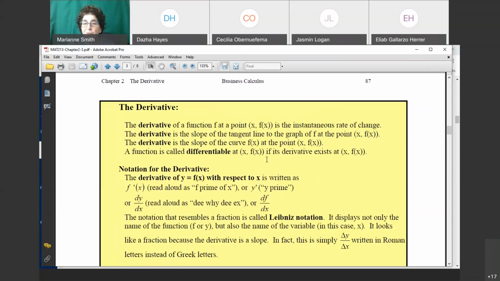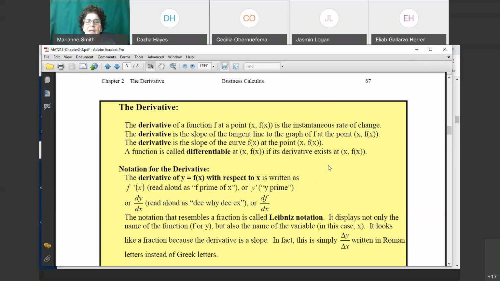A function is differentiable, meaning you can take a derivative, if you can take the limit there. That's why we did so many examples about whether the limit exists, because you don't want to have to take a limit as h approaches 0 if the limit's not going to exist.